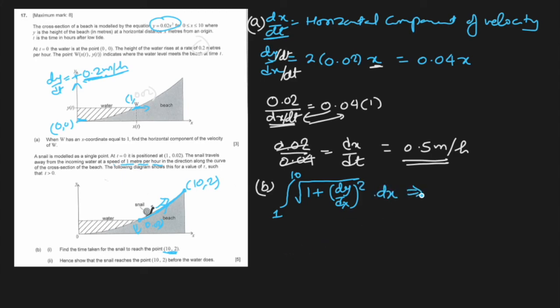So what does it become? From 1 to 10, the square root of 1 plus dy over dx, which is 0.04x, squared, dx. Now it has a square root and a square inside. It will be difficult to integrate this, so better we use our calculator to find its value straight away, this definite integral.